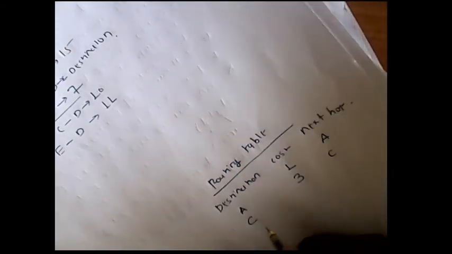So which one is shortest and minimum cost? That is BC. So in the routing table, for D as the destination, the minimum cost is 7 and the next hop is C.